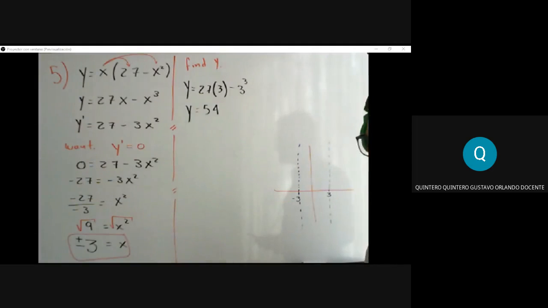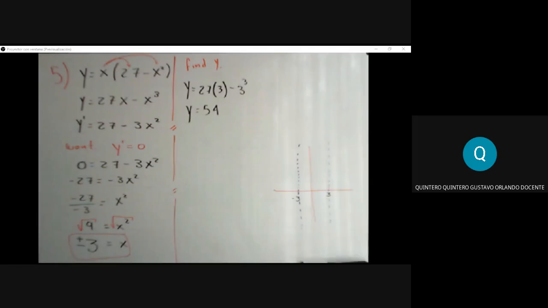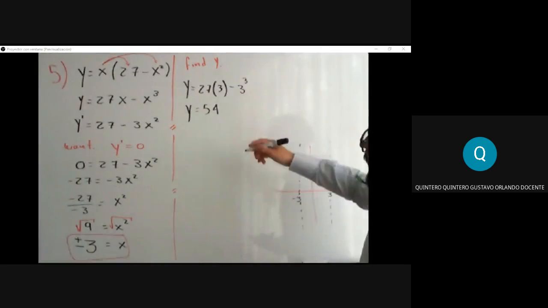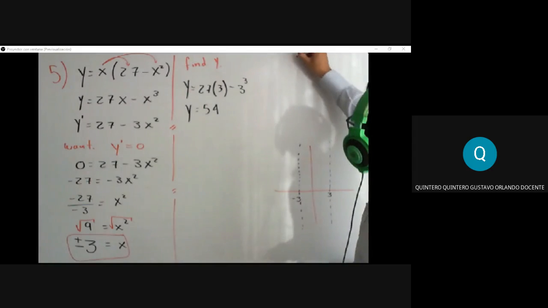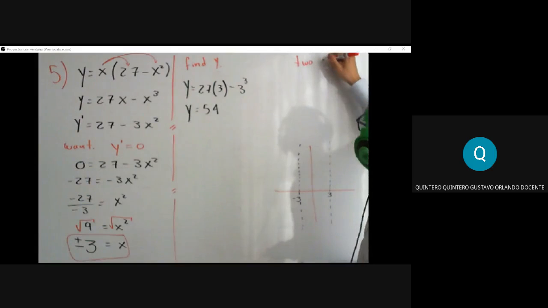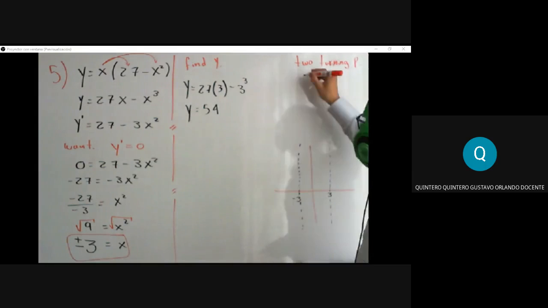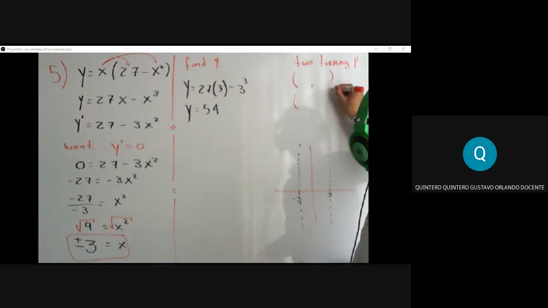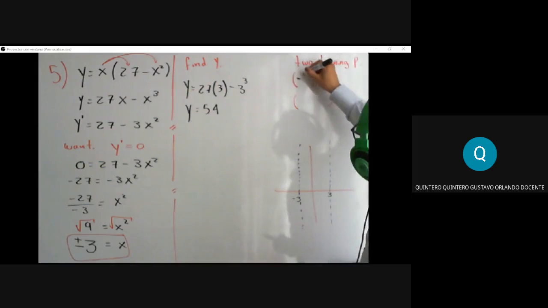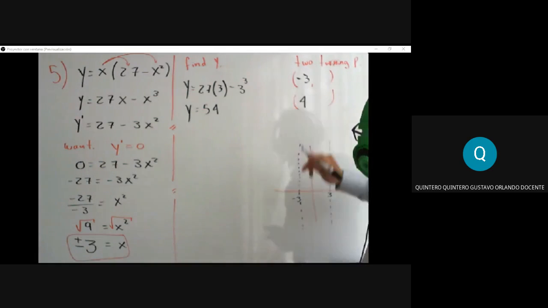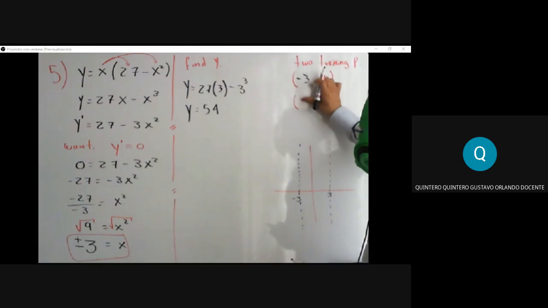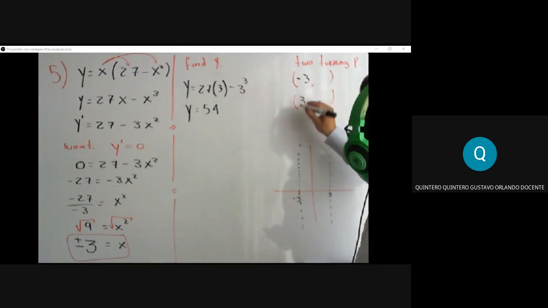All right, beautiful. So we have the first solution, the first coordinate in our 2 points. We know there are 2 turning points. One of them is -3 comma something, and the other is +3 comma something, right?